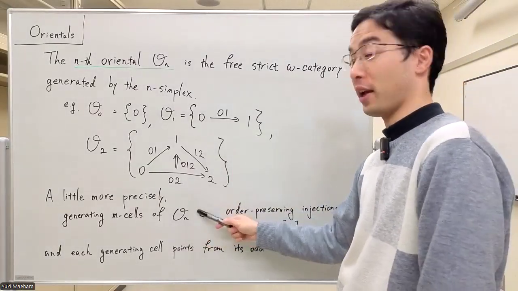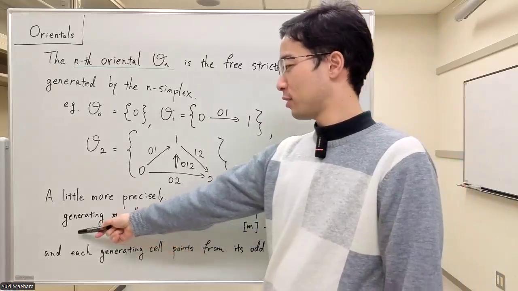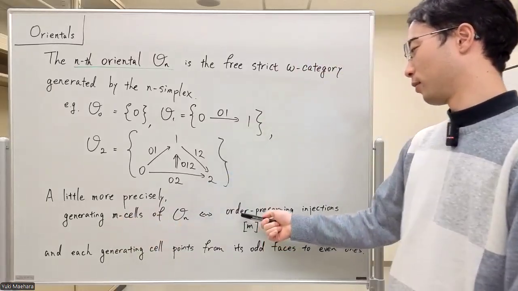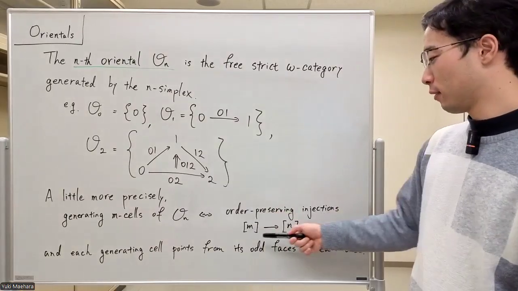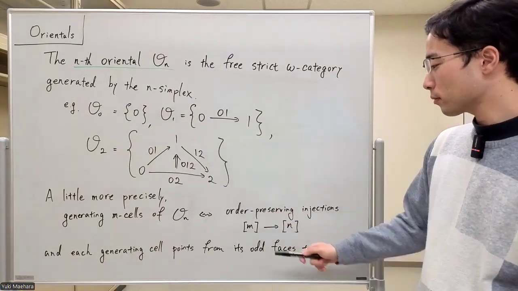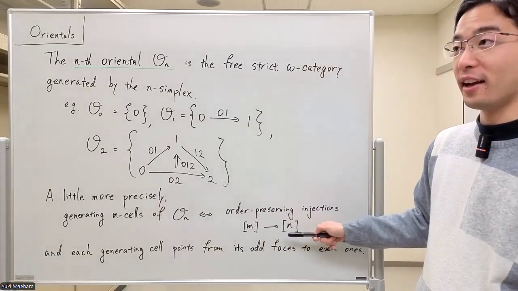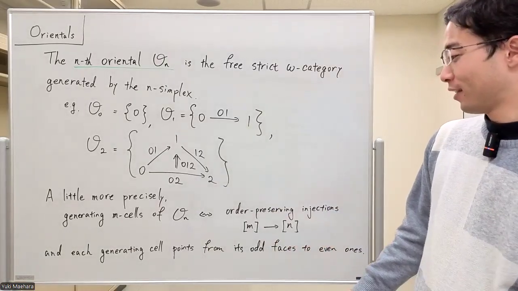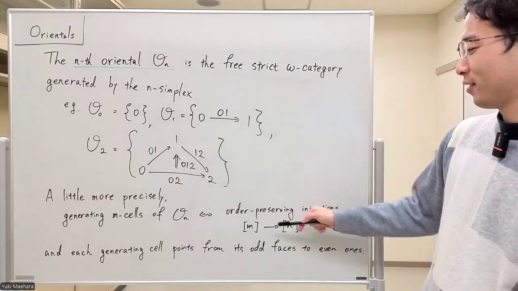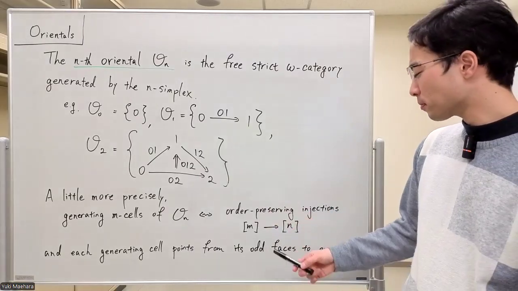So this strict omega category, O(n), has generating m cells corresponding to the order preserving injections from [m] to [n]. So these are the objects [m] and [n] in the category Delta. That's what I mean by this square brackets notation.